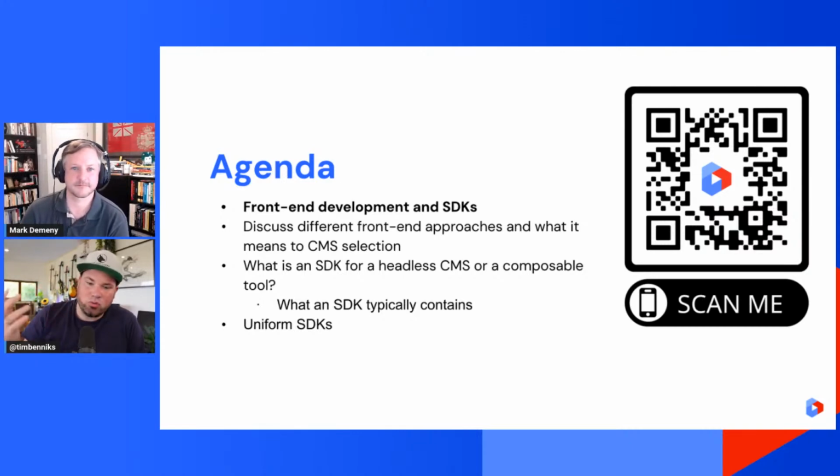Then it's up to you when you evaluate whatever CMS you're going to buy, if you need these things. There are also a few things that we would love them to have, but that's not always true. And of course, we work at Uniform, so we also want to discuss how the Uniform SDK works, and how you can use Uniform as a proxy towards these CMSs from your front end. There's lots there.